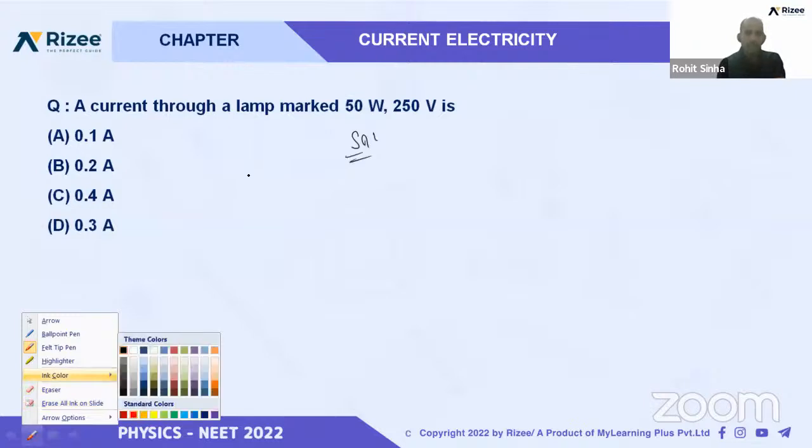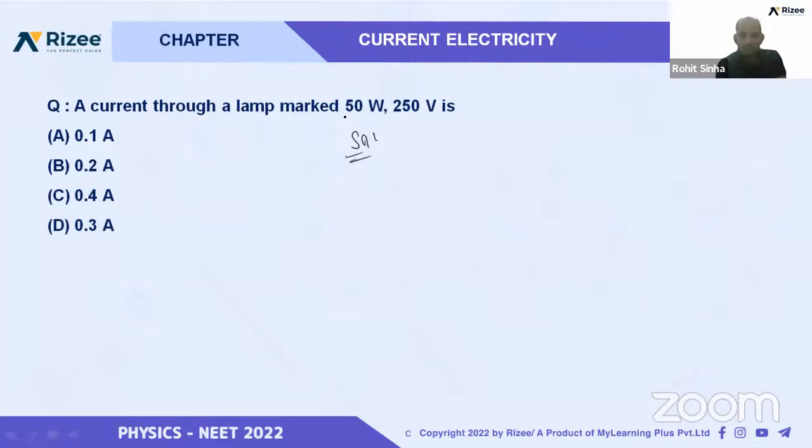It is a very simple question. Anjali got B. Okay, let us see. These are the ratings of the device, and they are decided at the time of manufacturing.